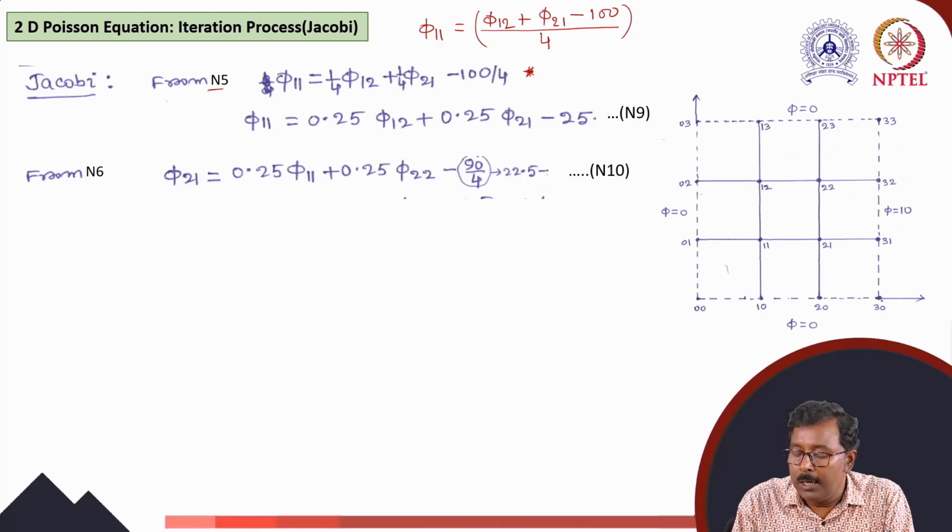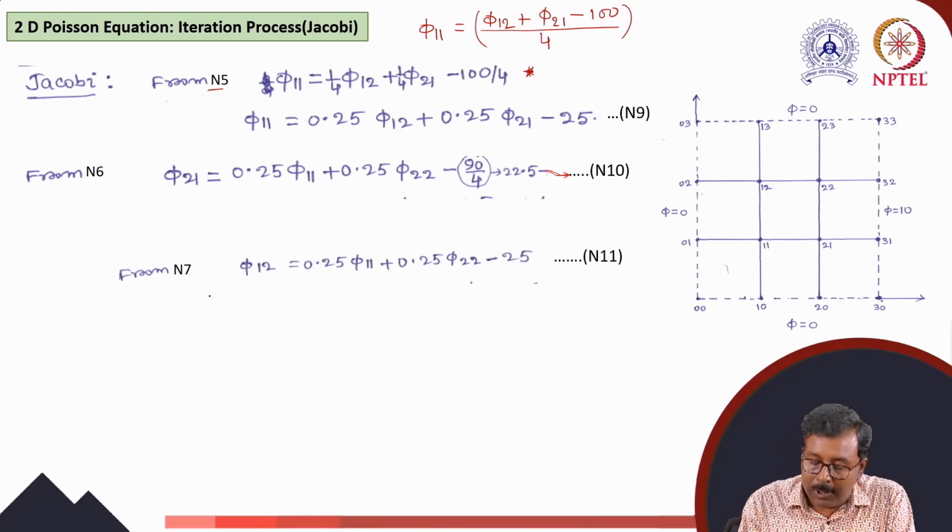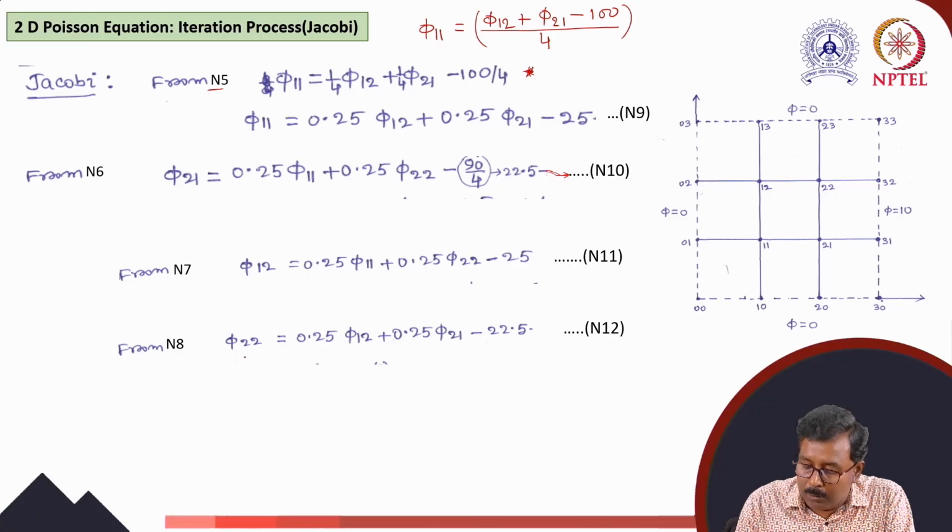So this is equation number N10. Similarly, for the next equation, for phi 1 2, the value is 0.25 phi 1 1 plus 0.25 phi 2 2 minus 25, and for phi 2 2 it is 0.25 phi 1 2 plus 0.25 phi 2 1 minus 22.5.